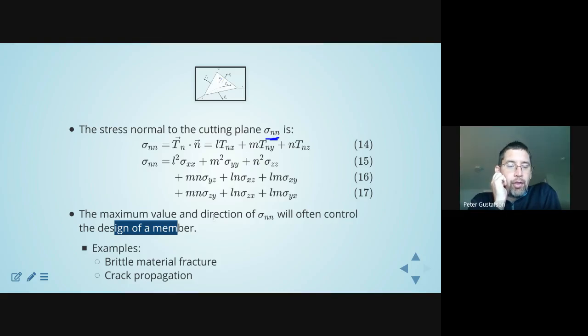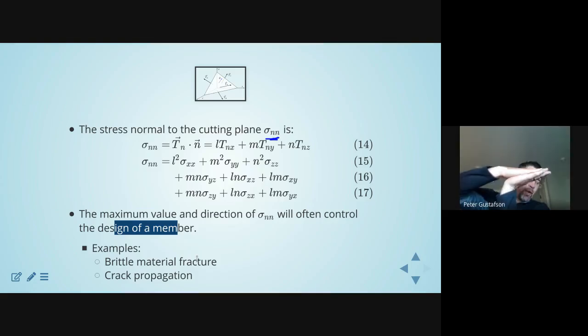If you think about it, as stress flows through a structure, it's most likely to fail, especially in a brittle failure, where the magnitude of that normal stress is largest, and it will crack perpendicular to the direction associated with that magnitude.